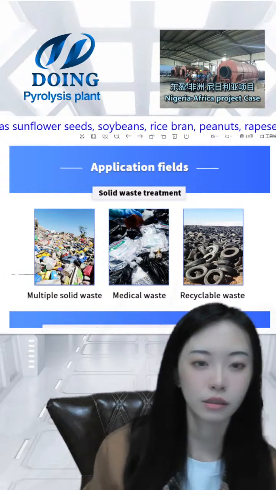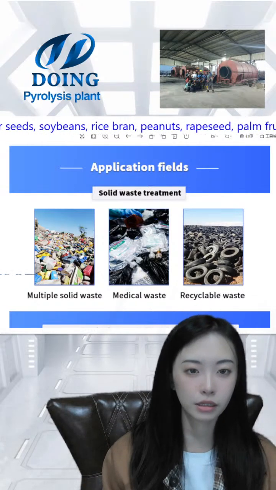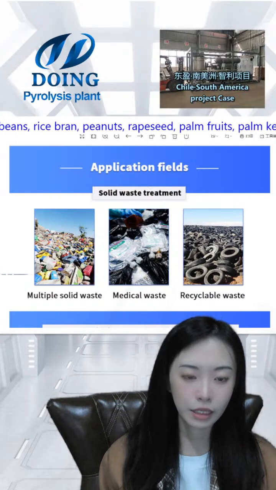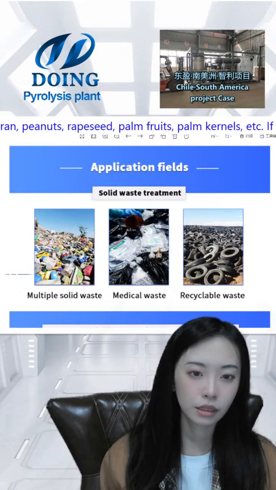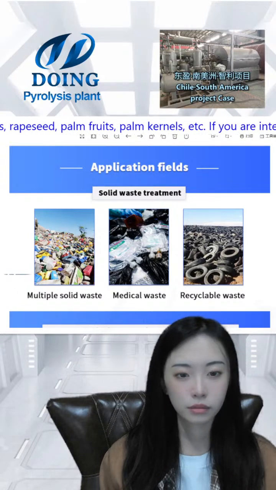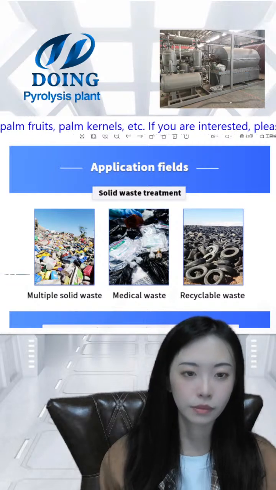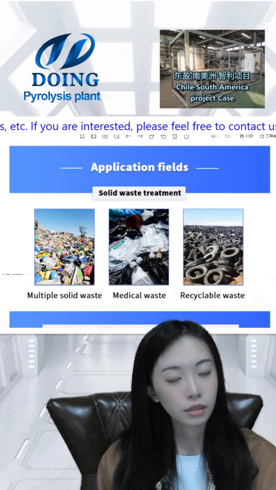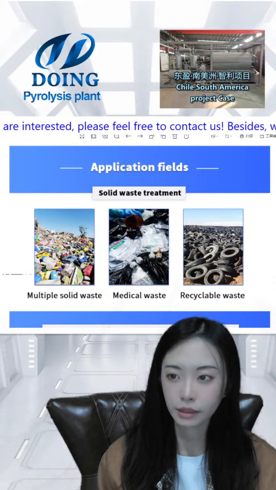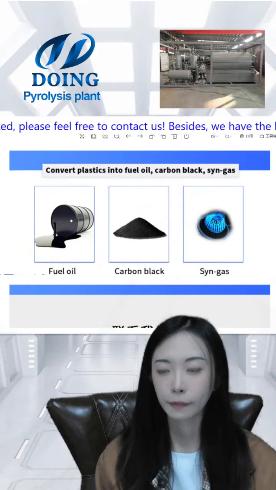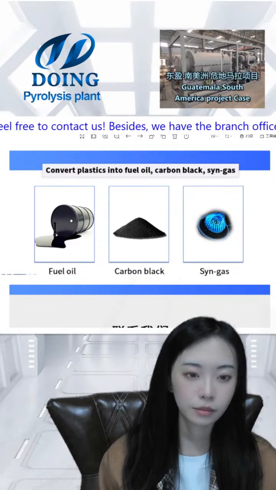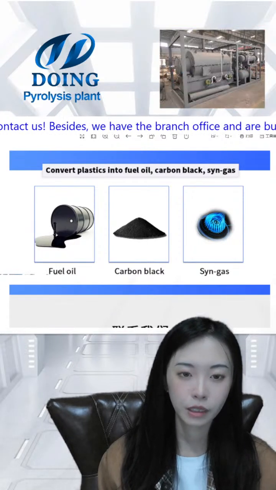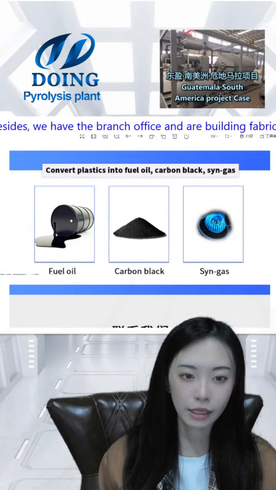And some other solid waste like aluminium plastic, and some batteries like this. And the hazardous waste like oil sludge, hot oil sludge, this kind. And the products that we can get from plastic are fuel oil, carbon black, and syngas.